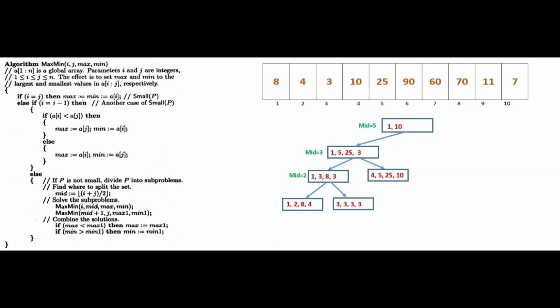Okay, now we complete the execution of that algorithm with mid is equal to 3. So we return back to its parent algorithm, the algorithm with mid is equal to 5.